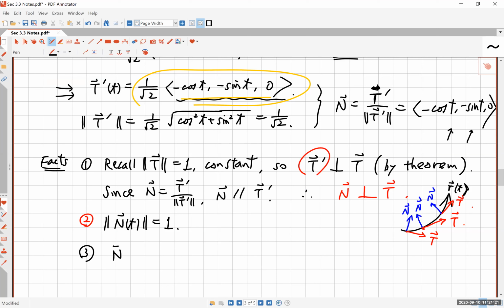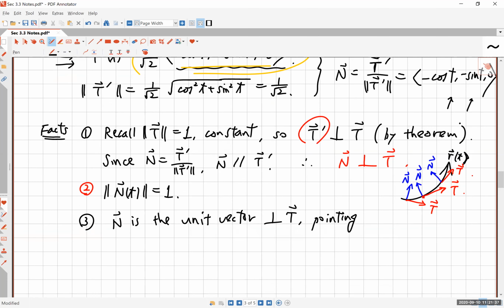N is the unit vector perpendicular to T, and further, because it is the derivative of T normalized, pointing inward.